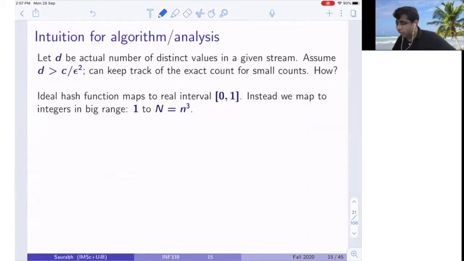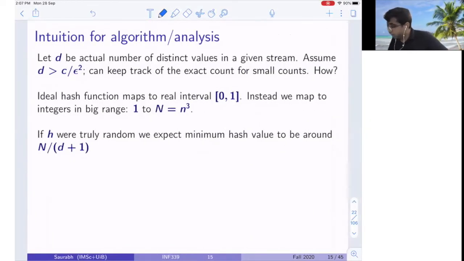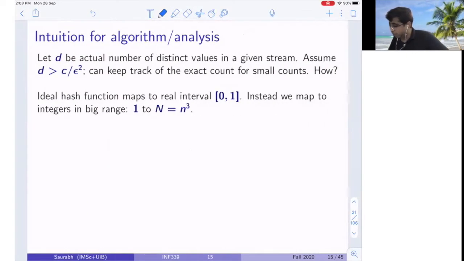Okay, so now, ideal hash functions map to the real interval 0, 1. Instead, they will be mapped to integers in the big range 1 to n cube. So let's just try to understand. Instead of 0, 1, we map into this big range.